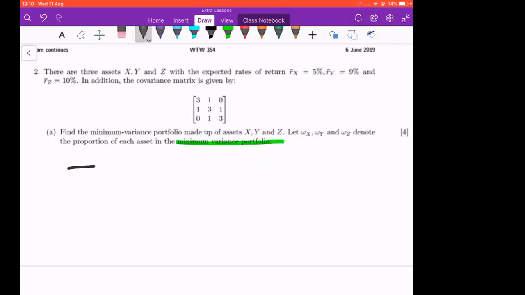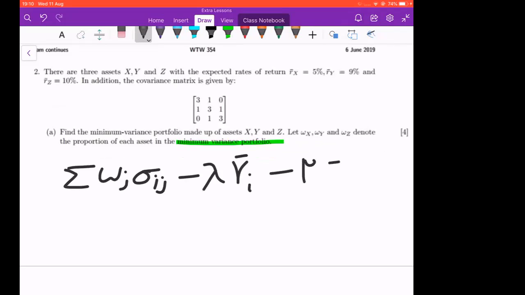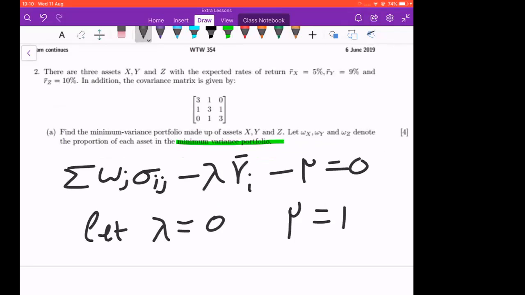From this thing over here, when you let this equal to 0 and mu equal to 1, you are actually finding the MVP, the minimum variance portfolio.